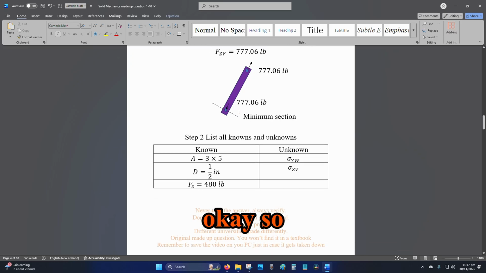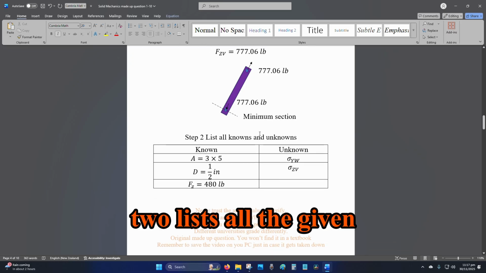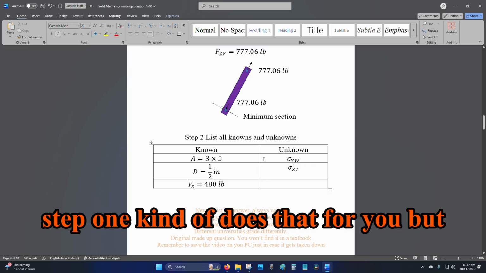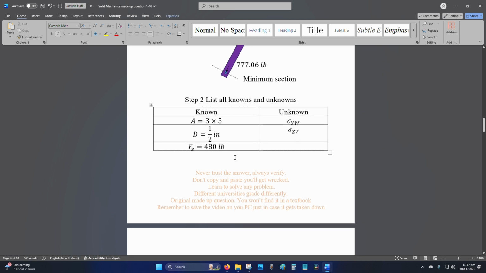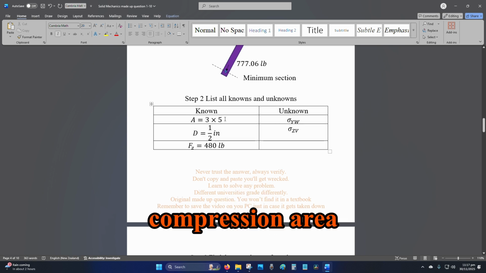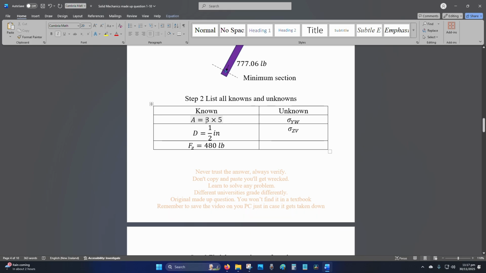Okay, so step 2, list all the given values, find the unknown. I feel like step 1 kind of does that for you, but sure. Okay, so we got our compression area.